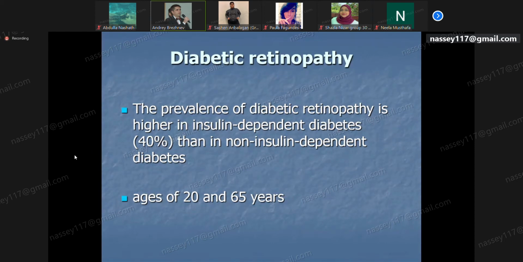The next very interesting but very severe systemic pathology which may damage the retina, diabetes mellitus. The prevalence of diabetic retinopathy is higher in insulin-dependent diabetes, about 40%, than in non-insulin-dependent diabetes.